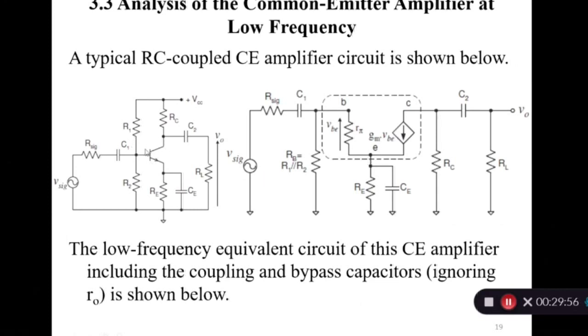IC plus IB is equal to IE. Now IC is equal to beta IB. In case of IC, beta IB. Take the formula IB.